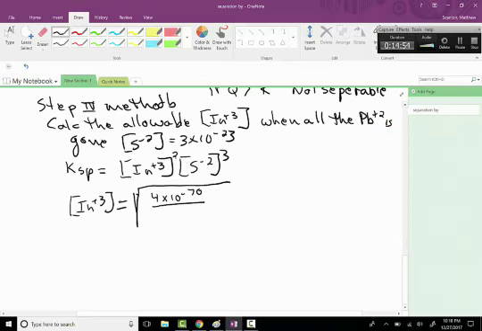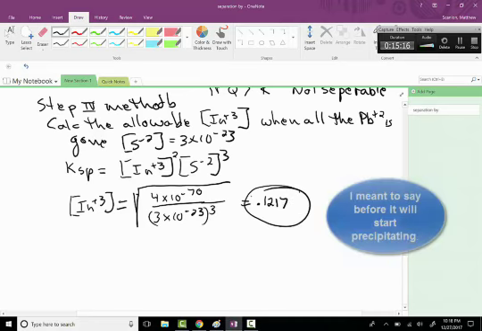Indium plus 3 squared, sulfide minus 2 cubed. So I'm dividing KSP by the sulfide, which I know is 3 times 10 to the minus 23rd, cubed. And when you do that, you get 0.1217. That's how much indium can be in there before it will start precipitating at this concentration of sulfide right here.